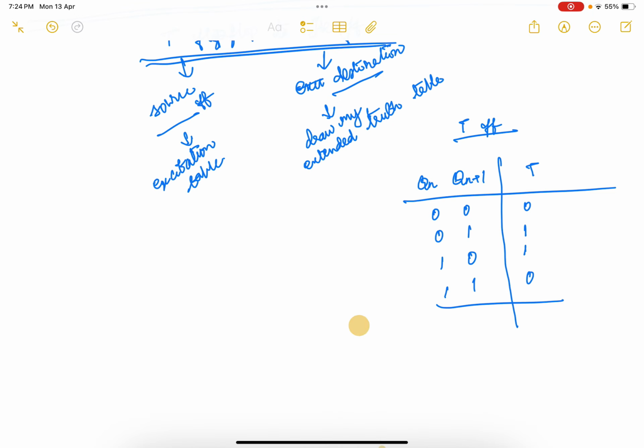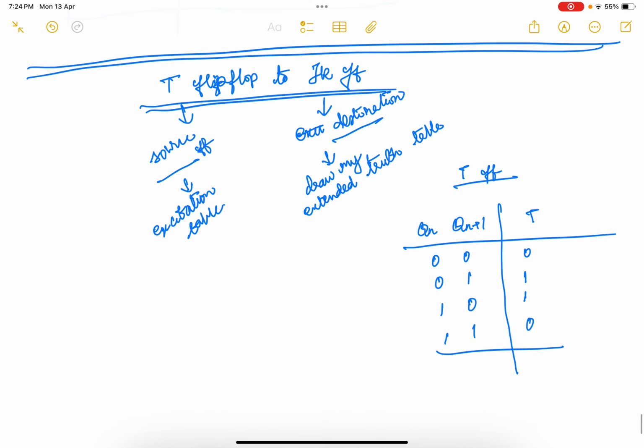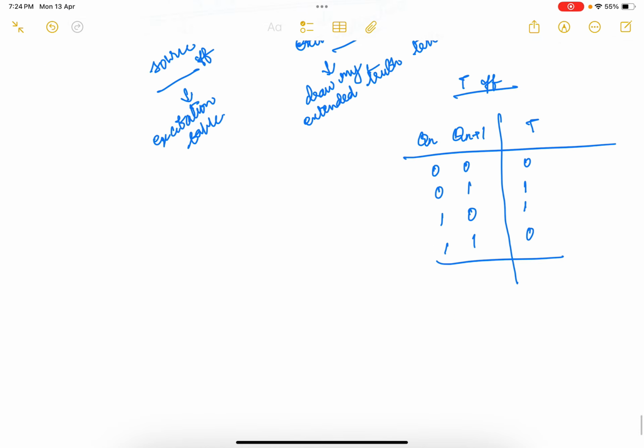And the JK flip-flop is the destination. For the destination, you want to draw the extended truth table for the JK flip-flop. So J, K, Qn plus 1, and that is Qn. Then here Qn plus 1. Extended truth table I am going to draw.